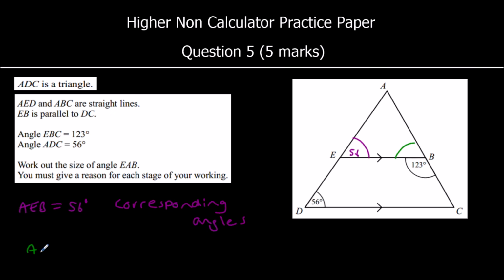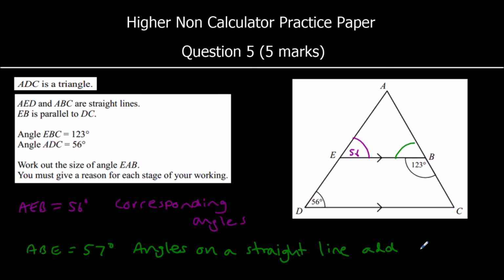ABE is 180 take away 123, which is 57 degrees, because angles on a straight line add to 180.